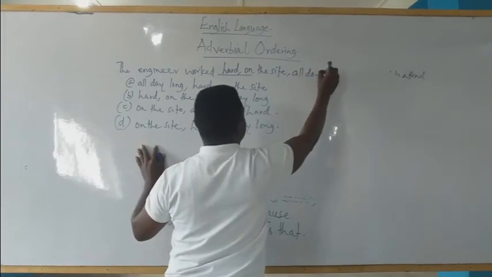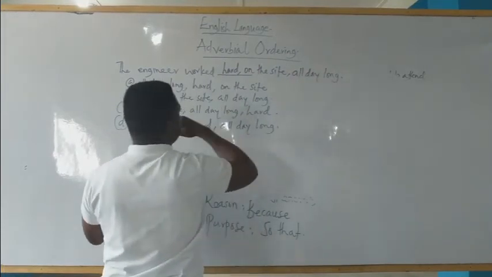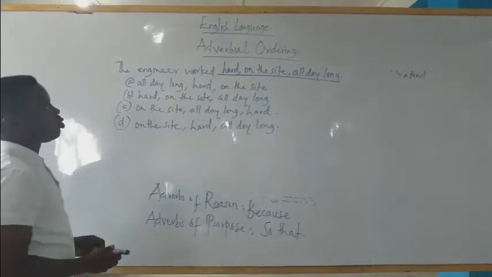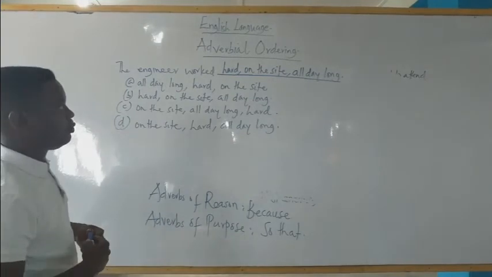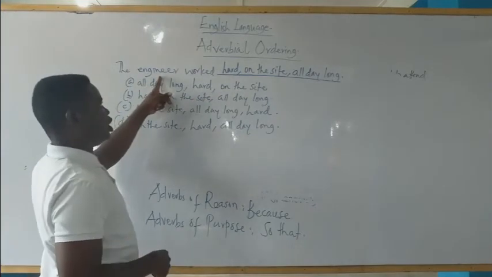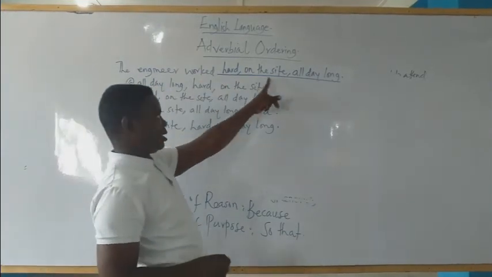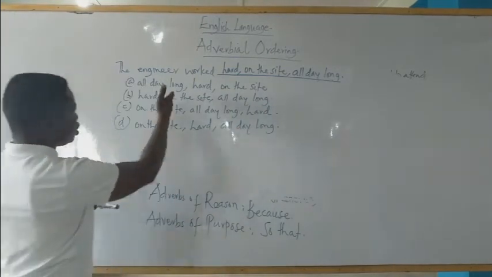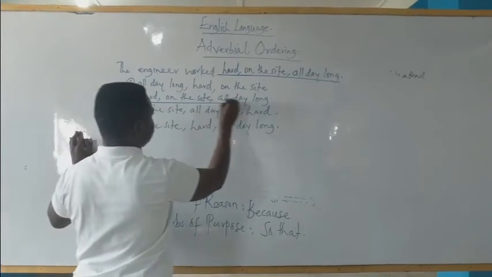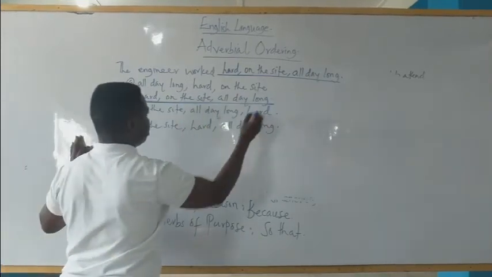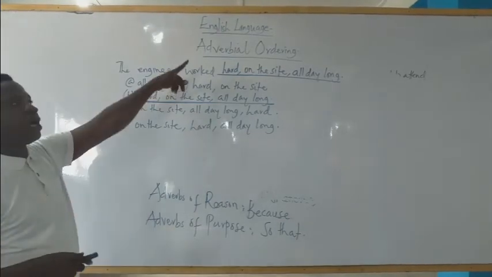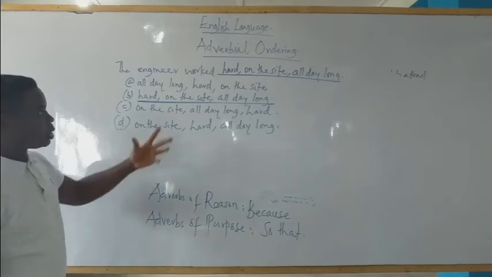This is the correct arrangement of adverbs in a cluster. So the whole sentence is: the engineer worked hard on the site all day long. Check that in your options. Which option is that? Option B. So option B has the correct order of adverbs. Take note.